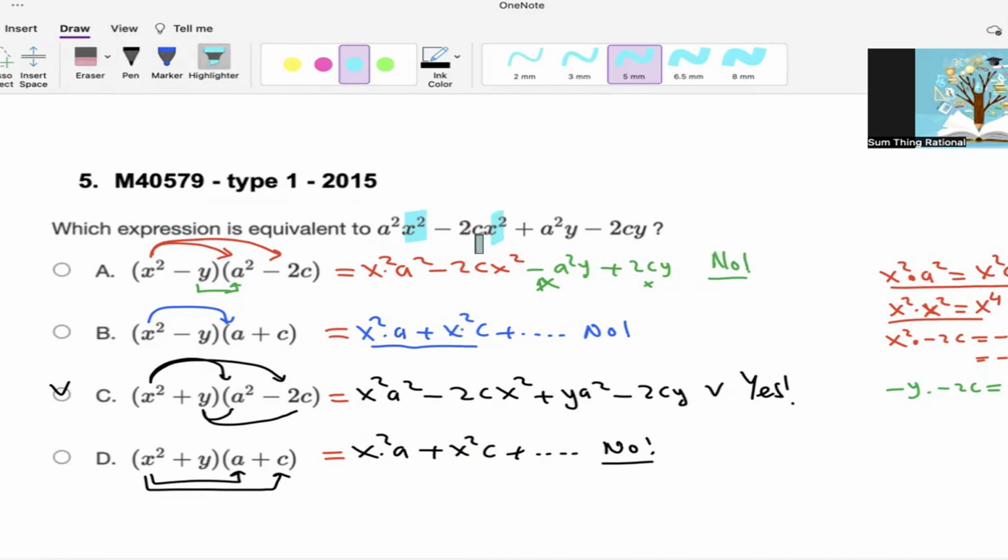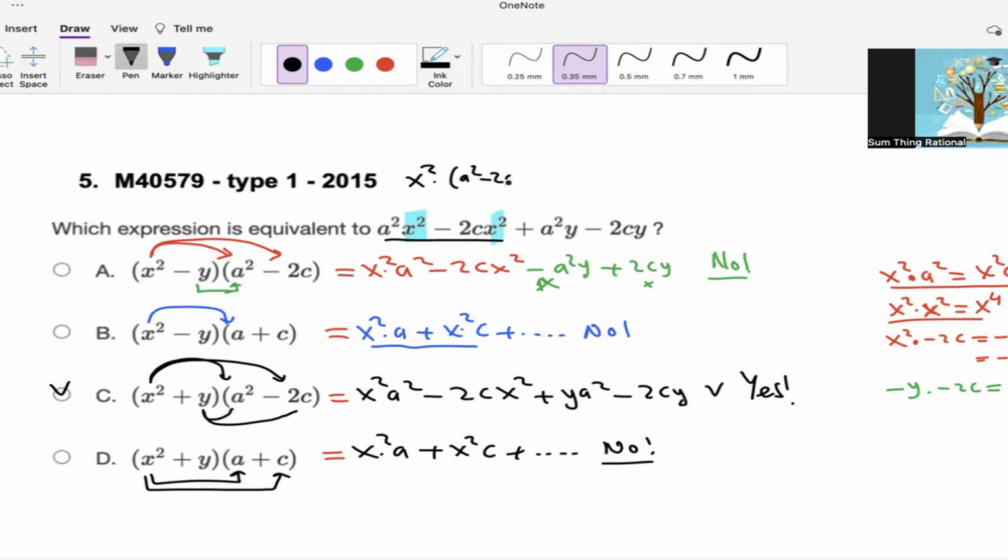In the first two expressions, you can take x squared outside of the parentheses, and a squared minus 2c is what remains. Plus, in this expression, you can take y outside as the greatest common factor, and a squared minus 2c remains. As you see, a squared minus 2c is common now. If I write them, I have just solved everything in reverse.